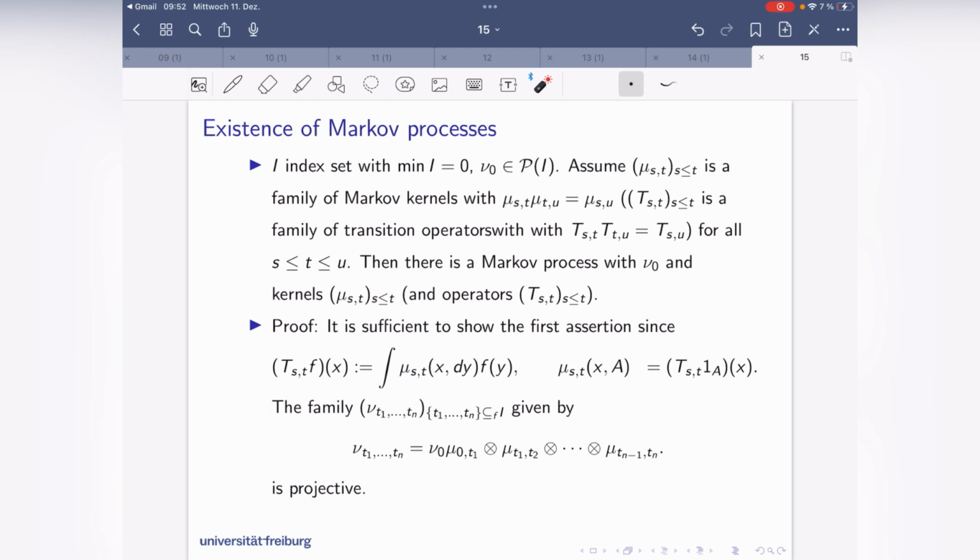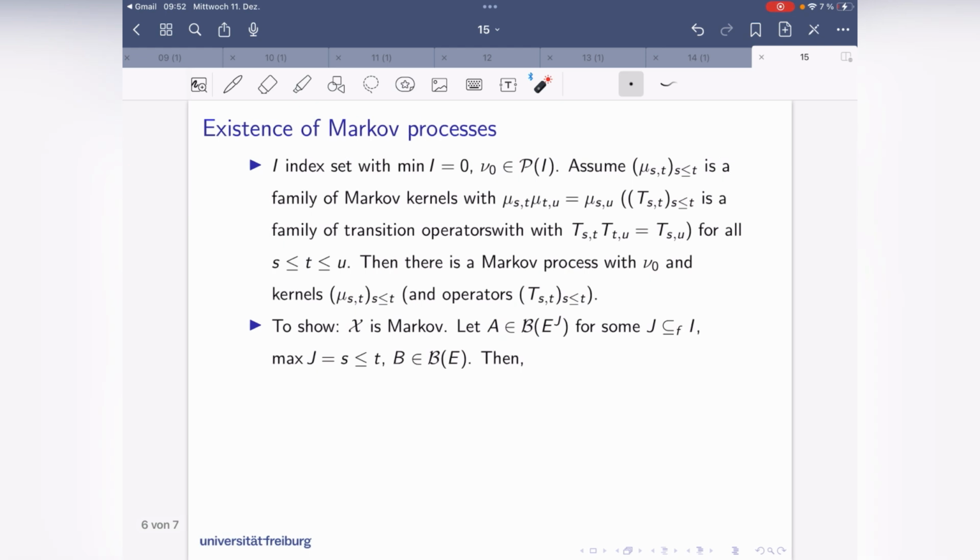So that's the definition. And since the Chapman-Kolmogorov equations hold, this family here is projective, because you can just integrate out these things. But that's not enough.